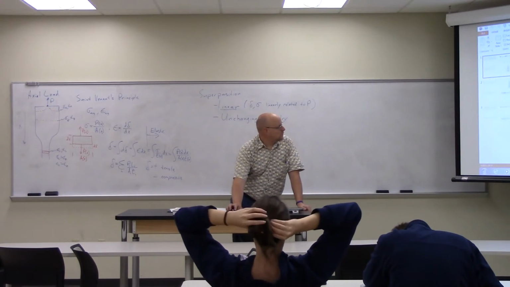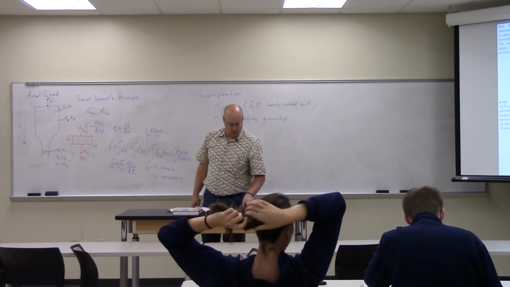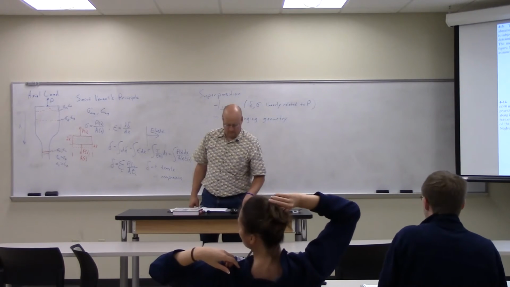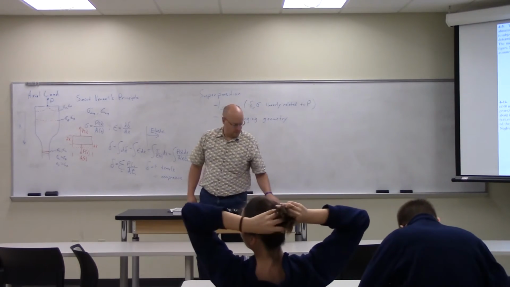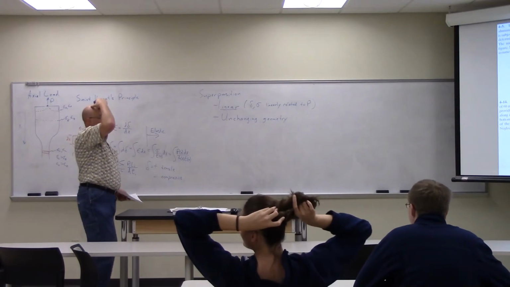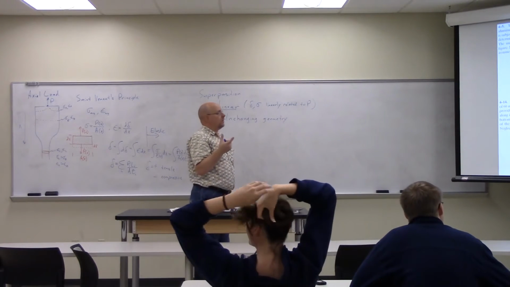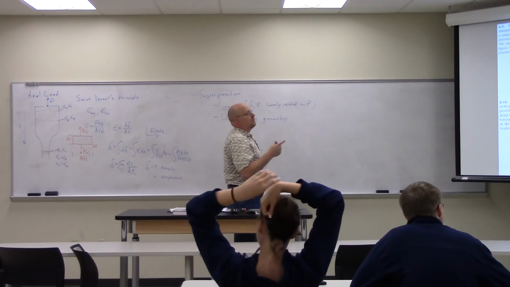But the video was good too. Okay, so there's our first problem, 4.5. We have an assembly that consists of a steel rod CB, so there's one material, and an aluminum rod VA.